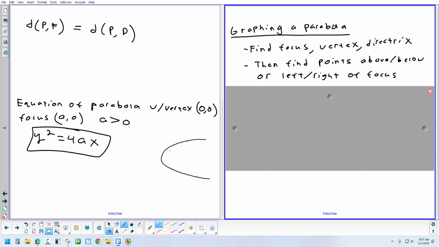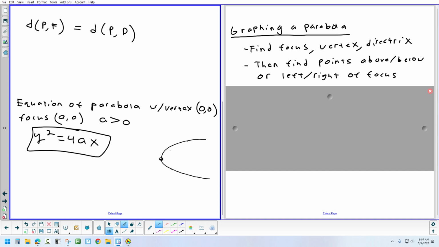Vertex is an actual point on the parabola. Okay, so that's something you're going to draw your parabola through. Once you find your vertex, then I would say let's find a point either above and below, in the case of a parabola opening to the right, or find a point left and right. Okay, so either above and below or left and right.